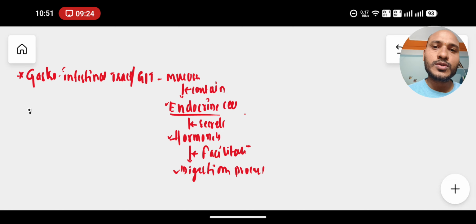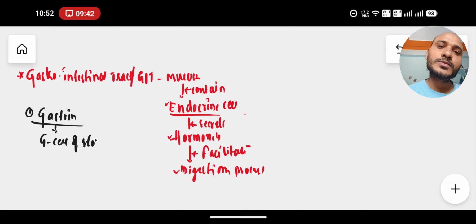The first hormone is gastrin. The source of the gastrin hormone is the G cells of the stomach.